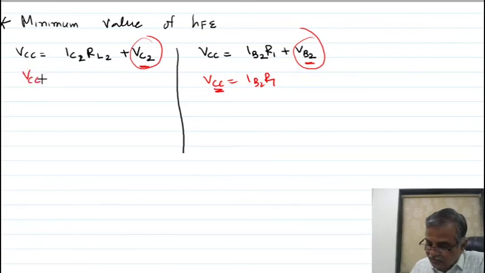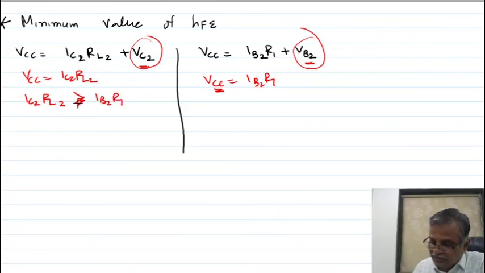So I can write VCC is equal to IC2 RL2, and VCC is equal to IB R1. So I can compare IC2 RL2 is IB R1. I should write it this way because the current is larger in the saturated region.